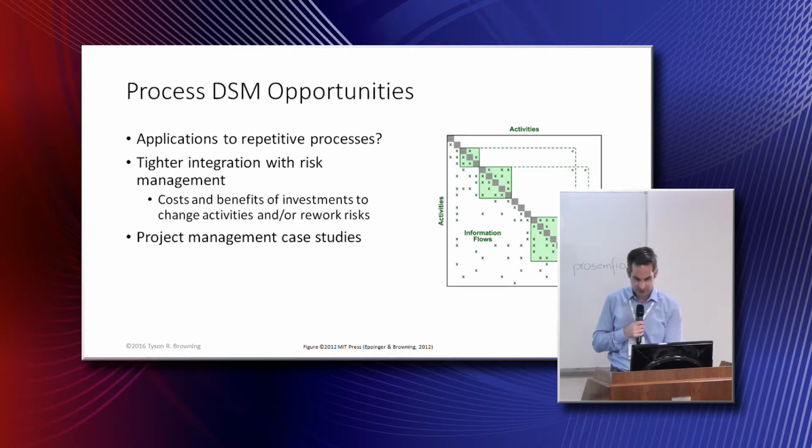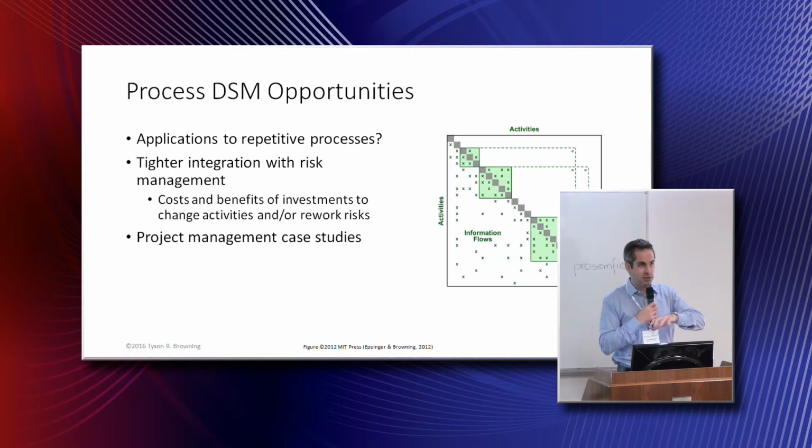Of course, I think more case studies of applying DSMs to projects would be really interesting. DSMs as a whole seem to have made great inroads in the product design, systems engineering, even organization design areas.